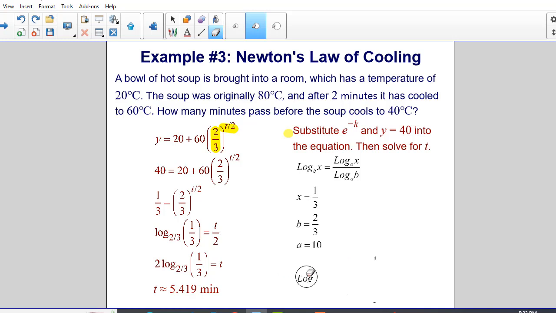So making the appropriate substitutions, we start out with the log base 2/3 of 1/3 is equal to the log base 10 of 1/3 divided by the log base 10 of 2/3. So I do the arithmetic here on a calculator. Multiplying it by 2 gives me the result that t is about 5.419 minutes, or to answer our question specifically, it takes about 5.5 minutes before the soup cools to 40 degrees Celsius.